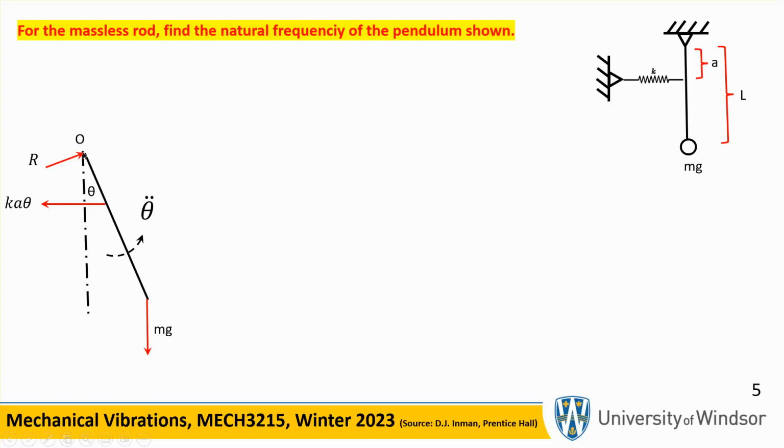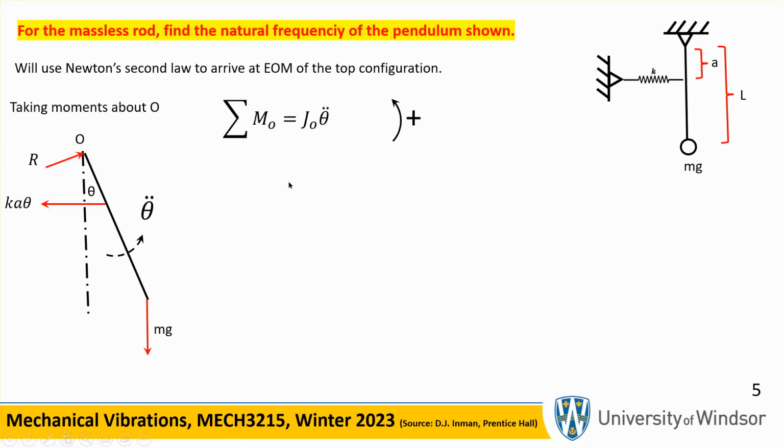because we're going to take moments about that point. It's going to disappear, and let's use Newton's second law. The sum of all the moments equals the mass moment of inertia times the angular acceleration, just like before. Now, this is the spring force, which is that number, times a moment arm, which is the projection of this length A on that vertical axis.